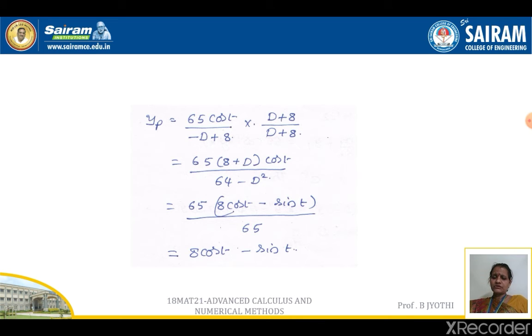Therefore, D square will be replaced with the minus 1 square. And it is not minus 1 the whole square, that is 1 square attached with a minus 1. Therefore, we get 64 minus of minus 1, that is 65. And here 65 in the numerator and denominator gets cancelled. We get the answer for yp as 8 cos t minus sin t.